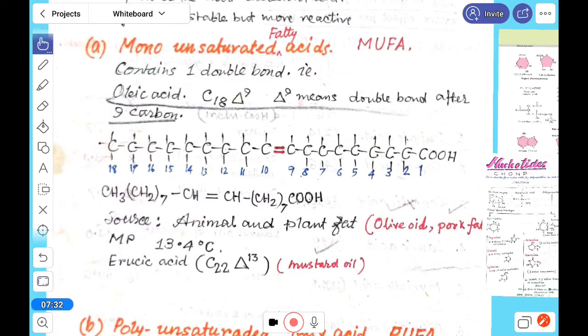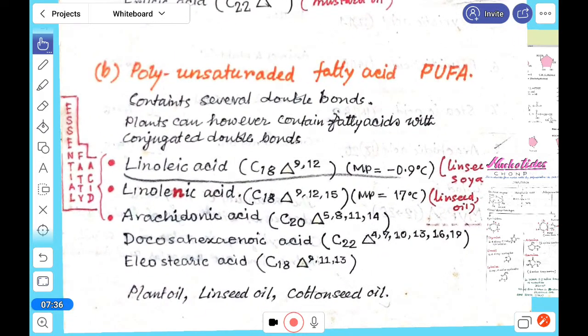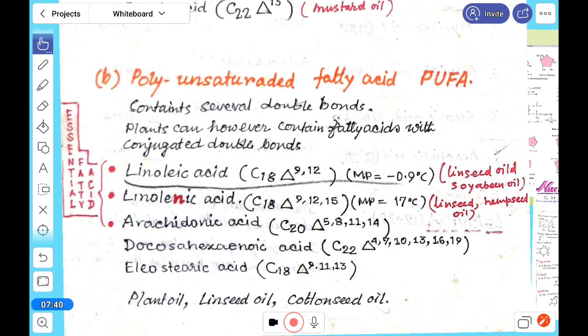Whereas polyunsaturated fatty acid, PUFA, is very important. It is essential and very good for our health. In the same way, linoleic acid is C18, but here the double bonds are after 9 and 12.